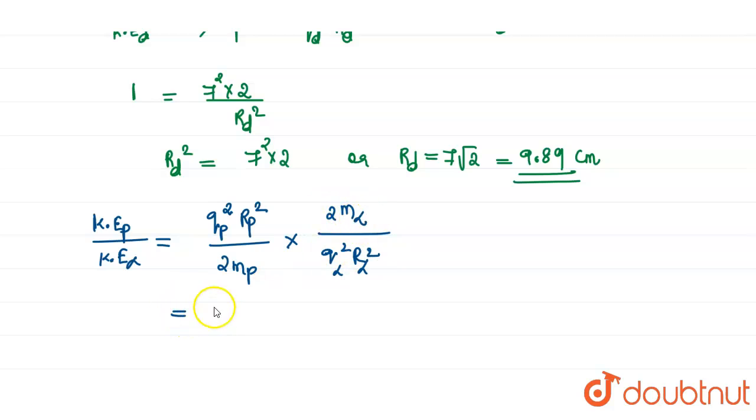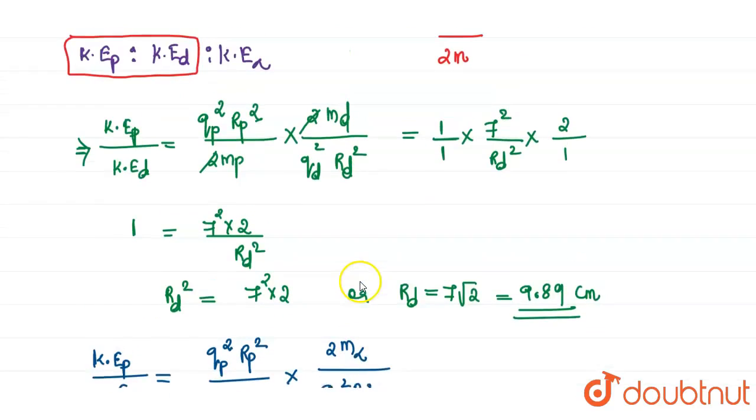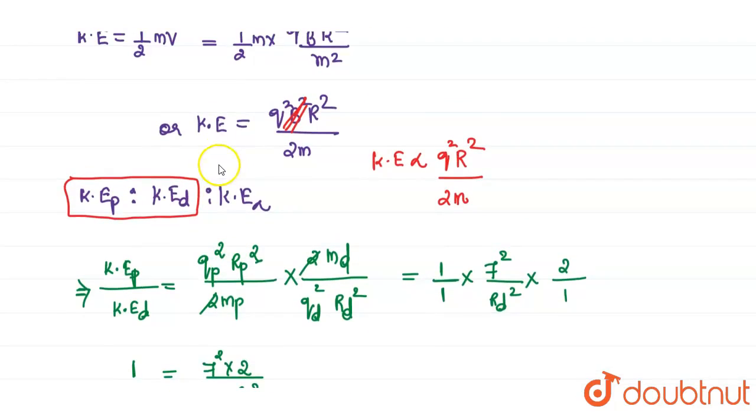So here also we can take the ratio of qp square by q alpha square into rp square divided by r alpha square into mass of alpha divided by mass of proton. What is the ratio of kinetic energy of proton and alpha particle?